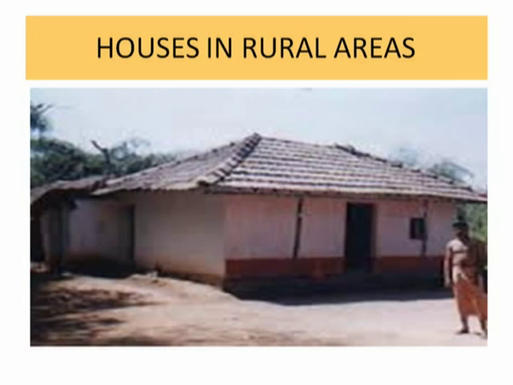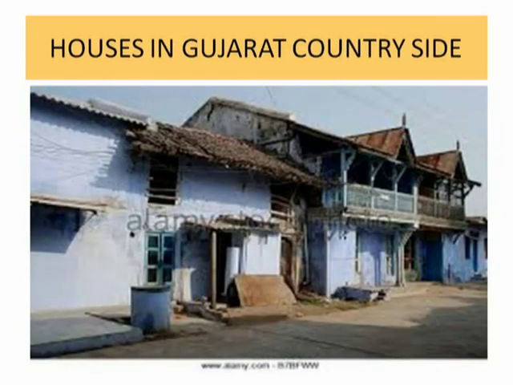This is one picture of that. This is one typical picture of the buildings you may find in a typical rural area of Gujarat. In the villages of the Gujarat state, you might find this type of building constructed in the rural areas.